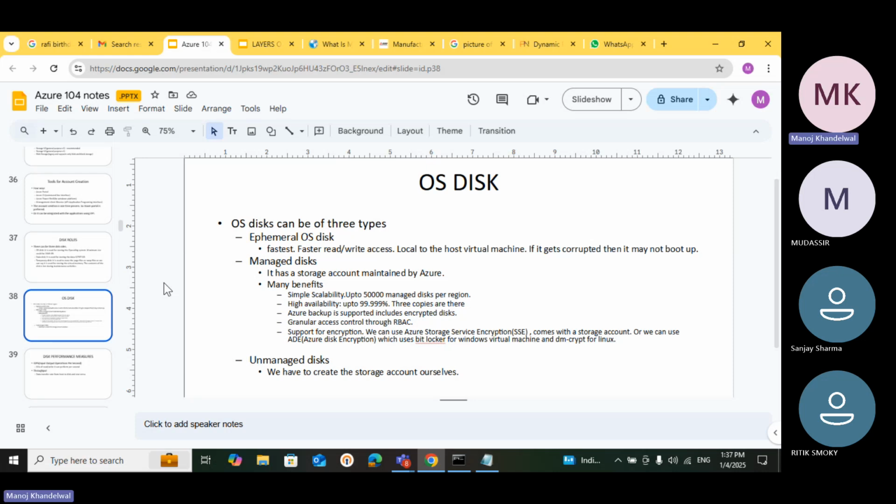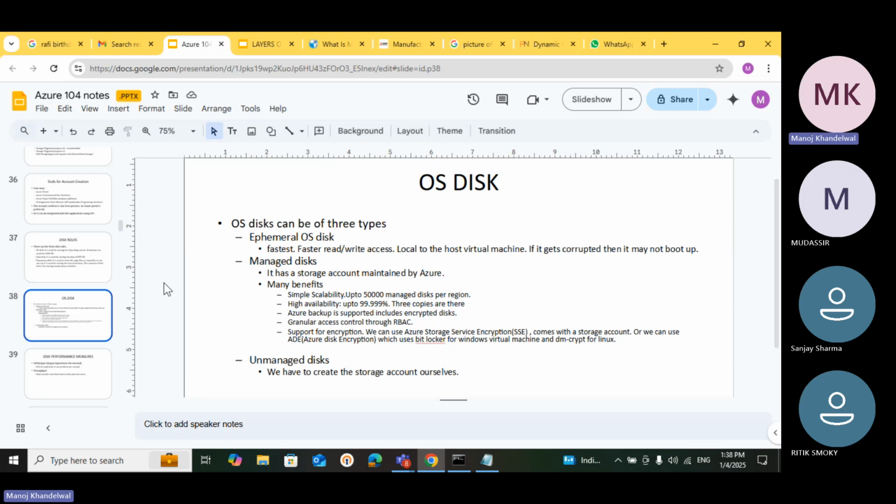Okay, so it makes sense. Yes, so managed disk is something which is used. Ephemeral would be like what we have on our physical laptop, rather than managed disk. Managed disk we always use on a cloud virtual machine, like AWS. Just like you have a physical hard disk in your laptop, you can have a physical disk in the virtual machine.